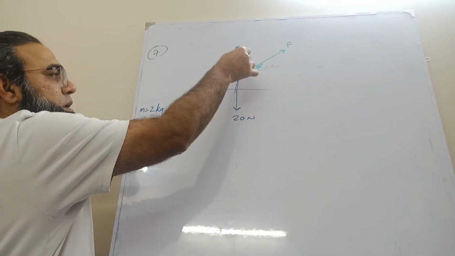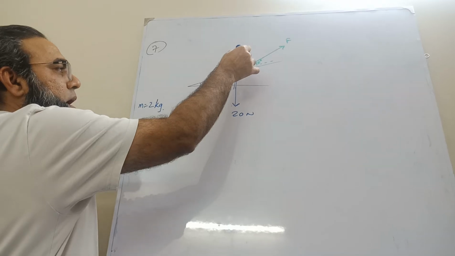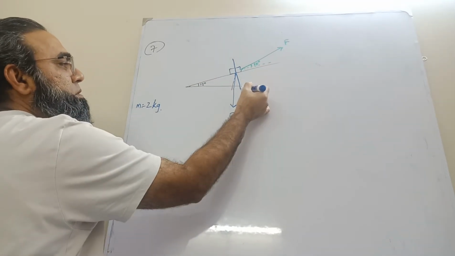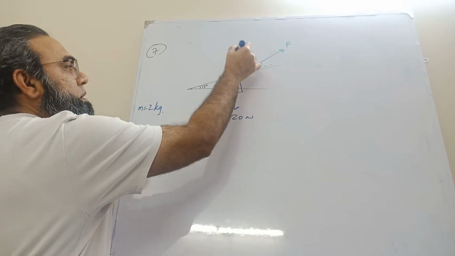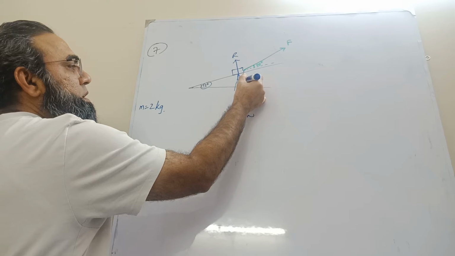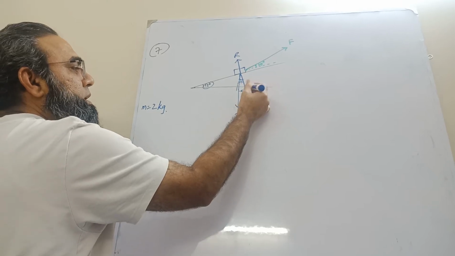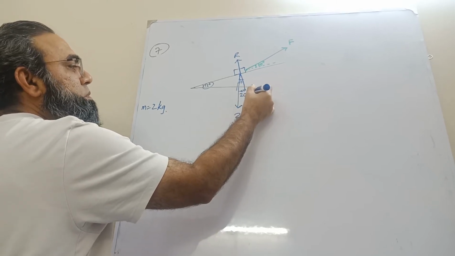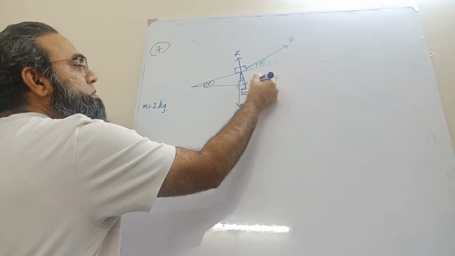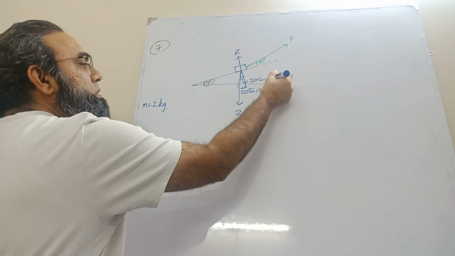Remember, you keep your pencil or pen here and you draw a line perpendicular to this inclined surface. So this would always become R, and if this is 13, then this is going to be 13 over here. There is a right angle. So this component is 20 sin 13, and this one is 20 cos 13.